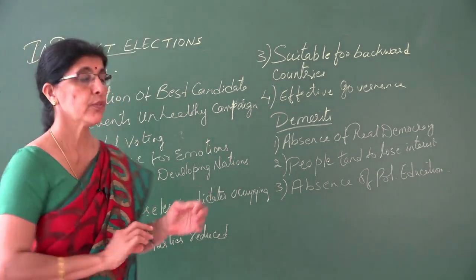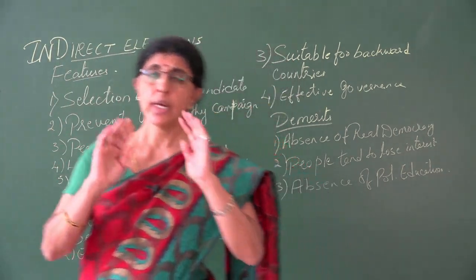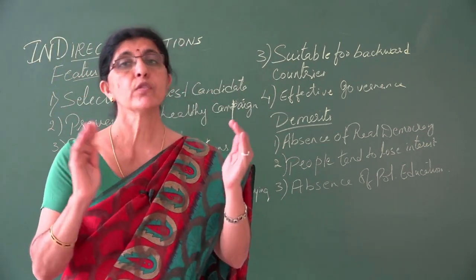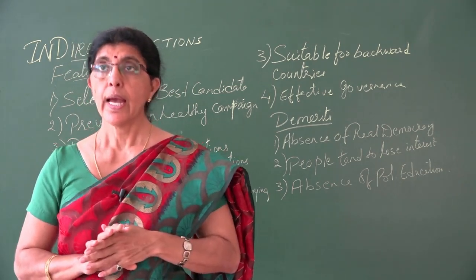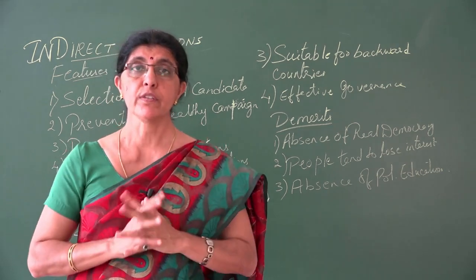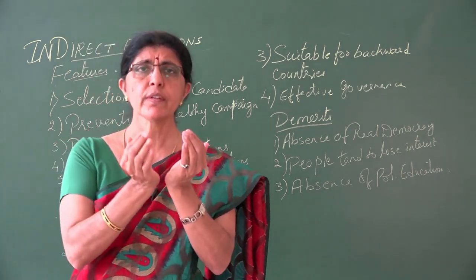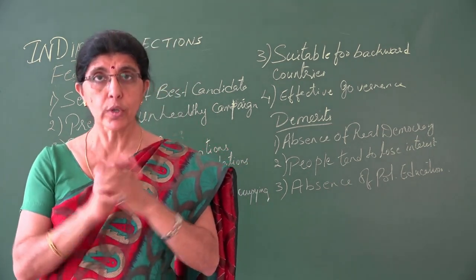Next is peaceful voting. The Electoral College elects their representative. The members of the Electoral College are all educated and they are not into any sort of fights or creating disturbances. They want to conduct peaceful elections because only a small section of the electorate is there.